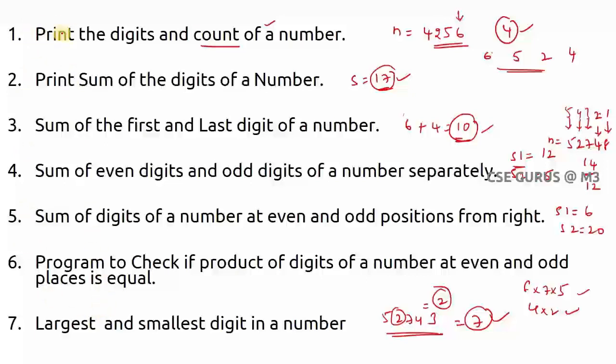With some changes I'll get the second program, with some more changes the third program, and then the fourth program. Like this I'll connect one program to another, so that you can remember the logics easily. We need to practice like this. We need to remember the logics, not the programs. If you remember like this, it is definitely easy for you to implement new logics when a new question is given.